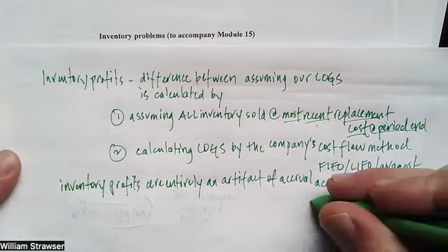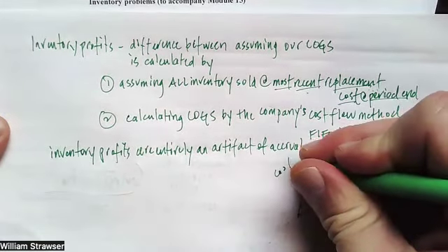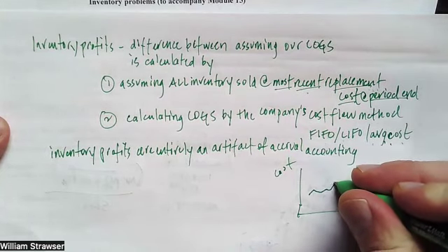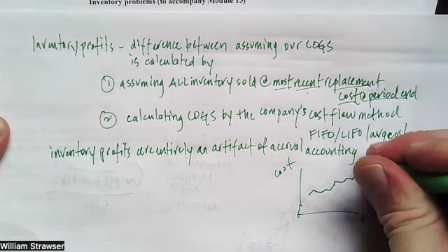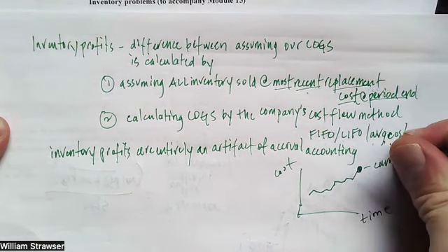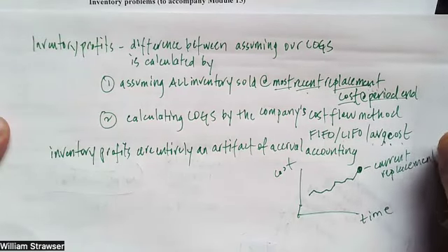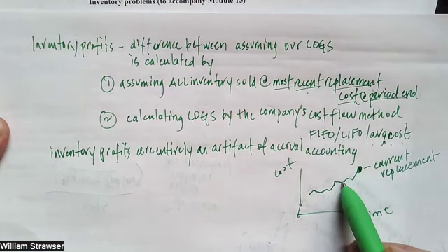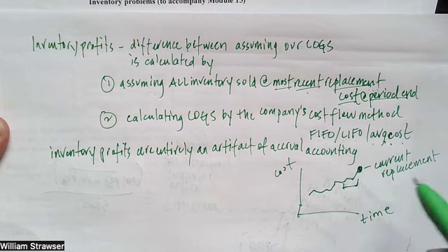Because if we're thinking about inventory costs on a graph, for example, this is the cost and this is over time, and say they're moving up over time, this is where my current replacement cost would be at the end of the period. Well, which one of these methods would take the costs around here, in this section of the graph, and assume those were sold, right?